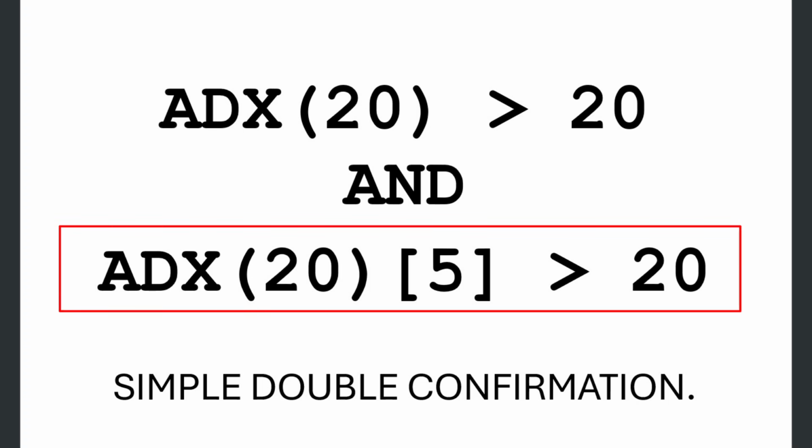You basically take the first condition and second condition and combine both together like this. This technique is like an insurance. You know for sure that you have already been in an established trend for a few bars, and you also know that the moment you want to enter, the strength of the market still continues. So it's like double insurance.